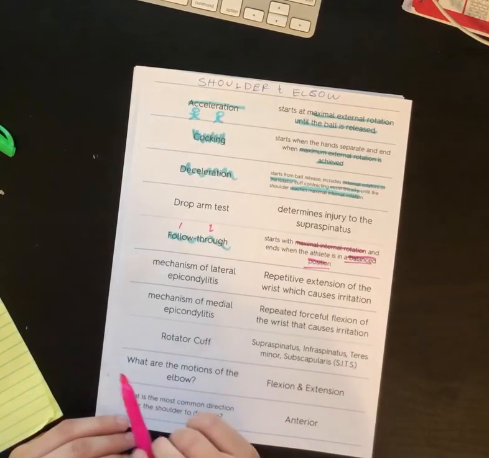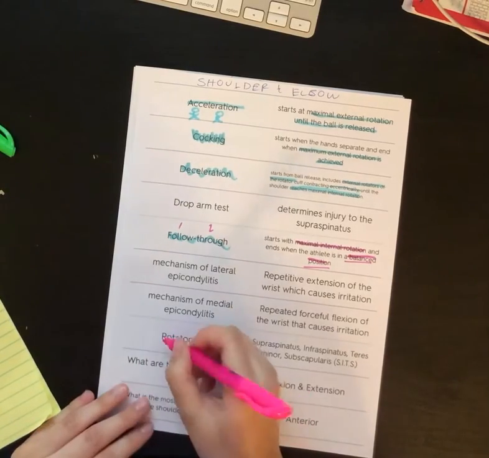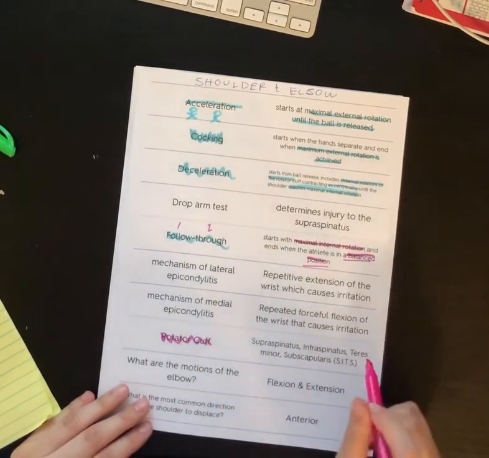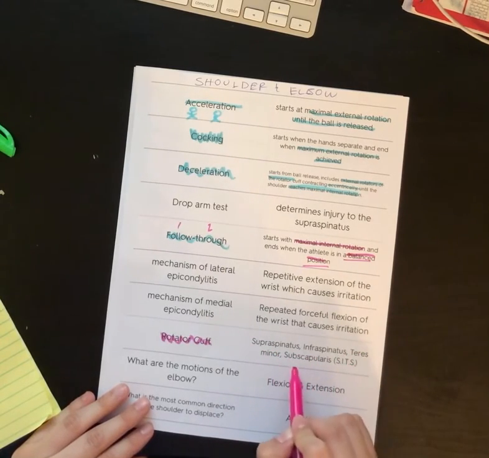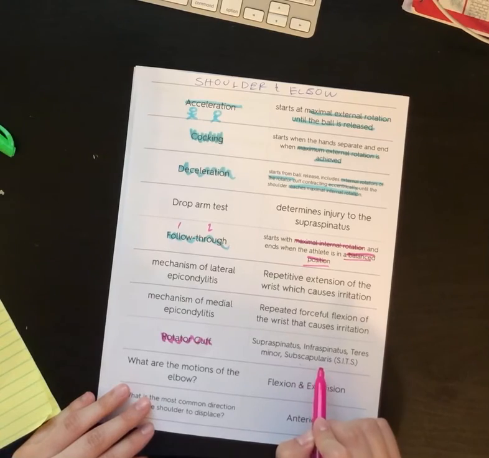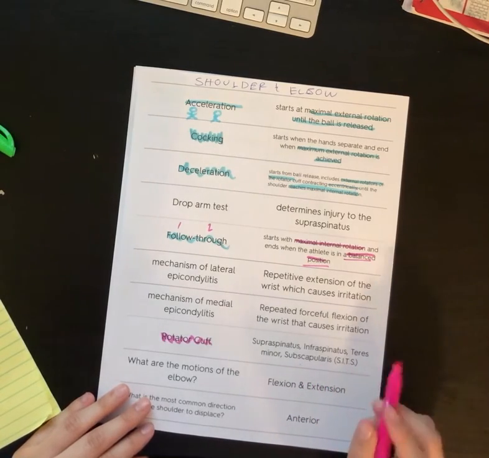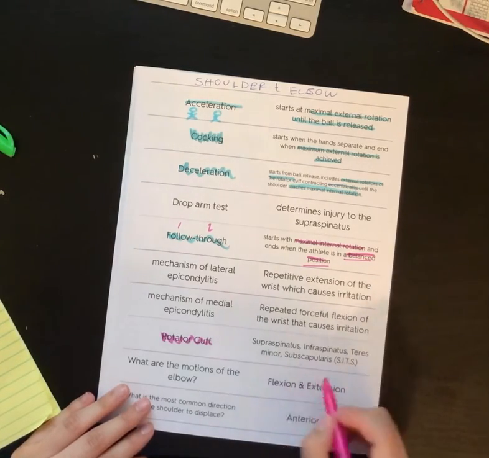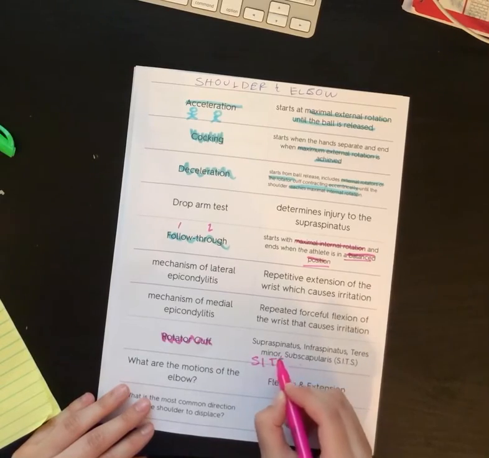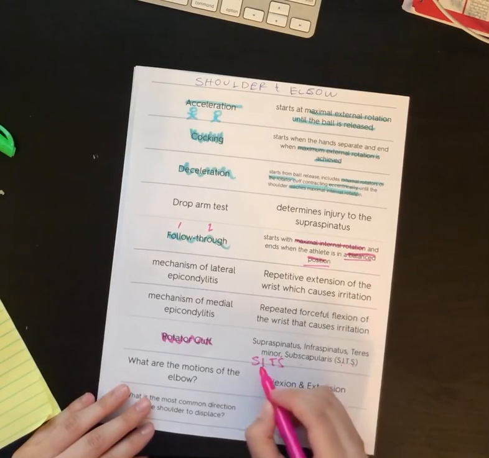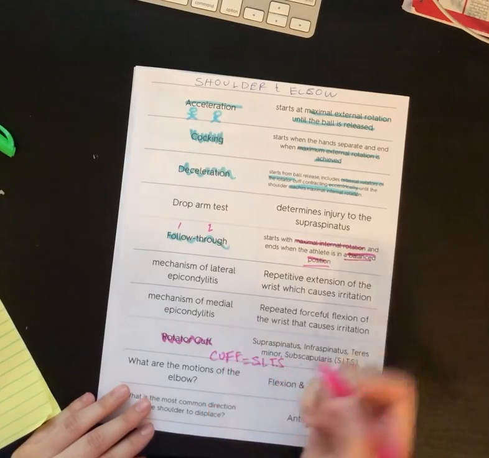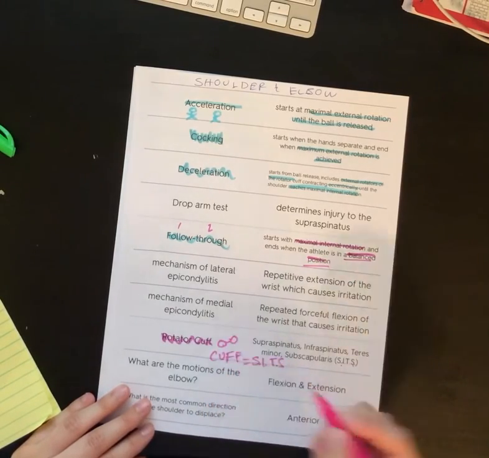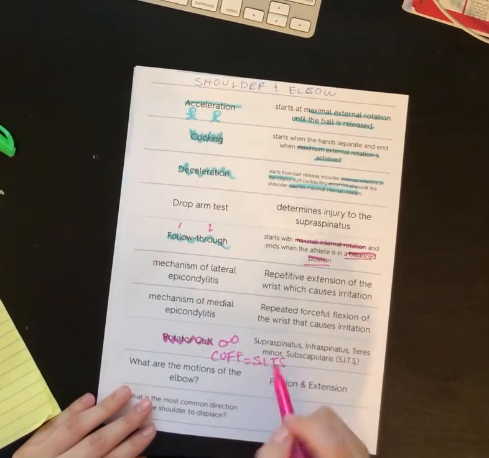We're going to drop right here down to the rotator cuff. Supraspinatus, infraspinatus, teres minor, subscapularis. For some reason, I think of SITS. Actually, it's labeled under SITS. And cuff, so I think of a policeman's handcuffs right here.